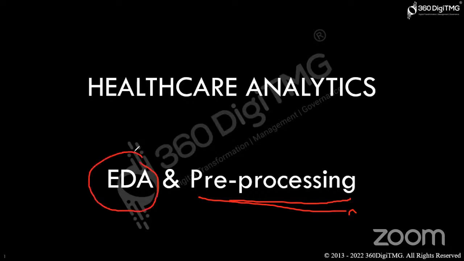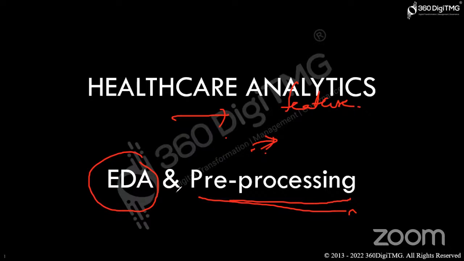And here we'll be discussing EDA as well. What is EDA? Whenever you receive data, you are supposed to go through it. What is the data about? You have to go through the feature description and try to understand the data, visualize it, and bring out some inferences from it.